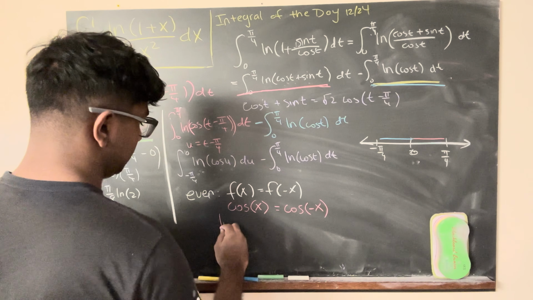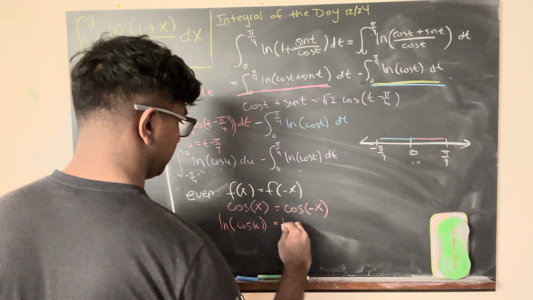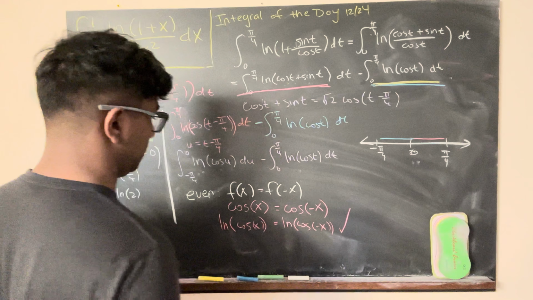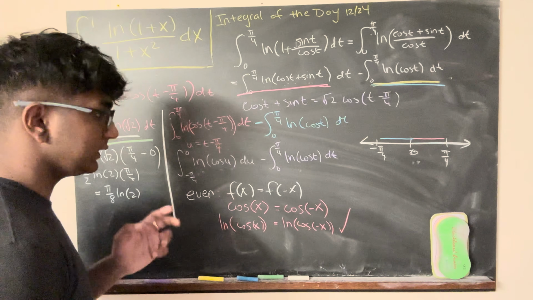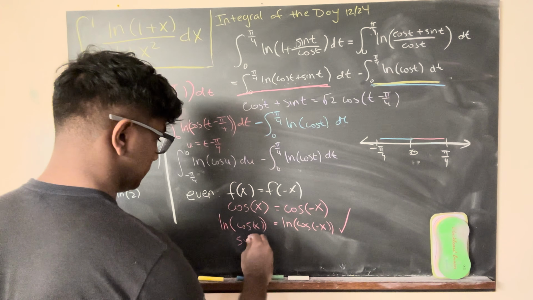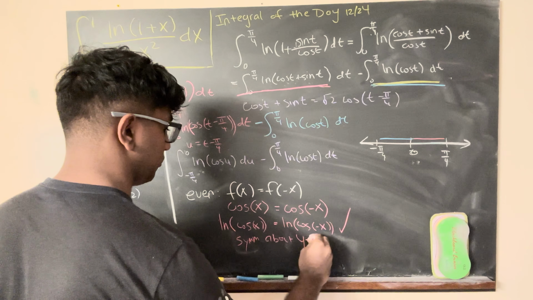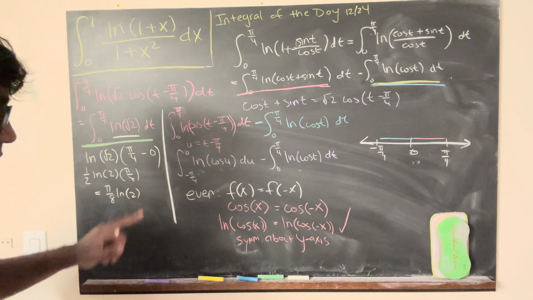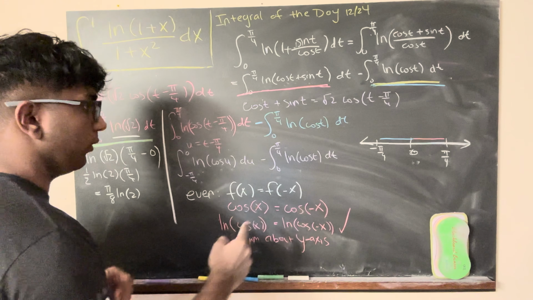And if you just take the log of both sides, which should be okay because these two values are equal, this works. So ln of cosine x is an even function. So it is symmetric about the y-axis. And for any function that is symmetric about the y-axis, the value from negative pi over 4 to 0 and the value from 0 to pi over 4 will always be the same.